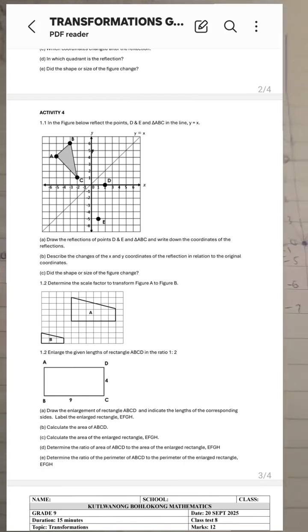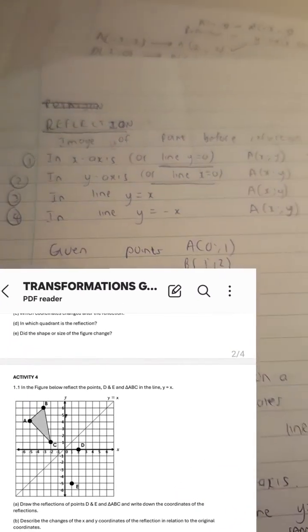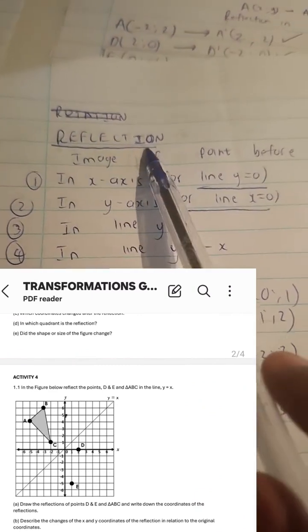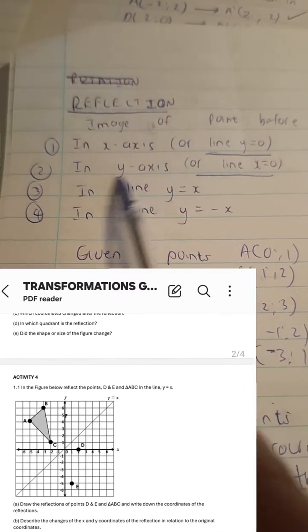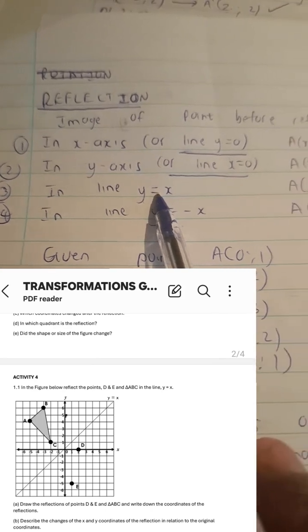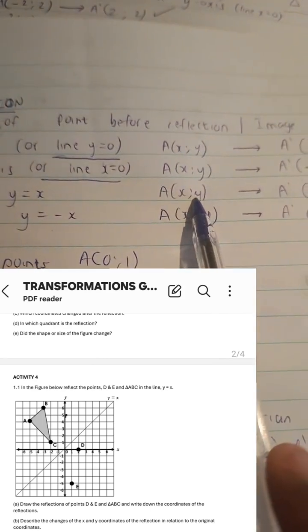Okay, so once again, I'm going to pull out our notes, and when we're talking about reflection, specifically in the line y is equal to x, what does that mean?